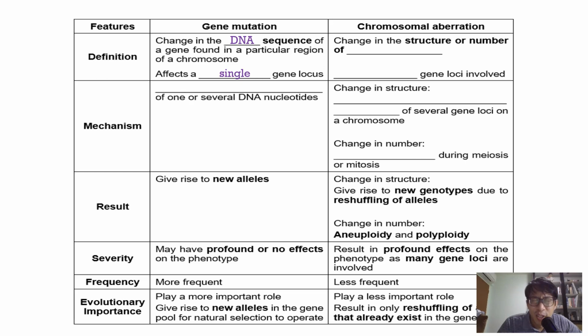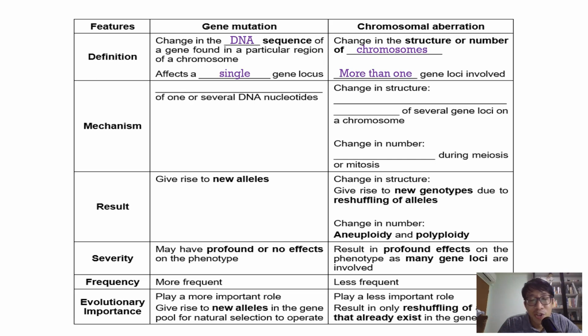For chromosomal aberration, it's a change in the structure or number of chromosomes, and that would change a number of genes, because one whole section of the chromosome is changed. If it is a structural aberration, that one whole section of chromosome may contain more than one gene.